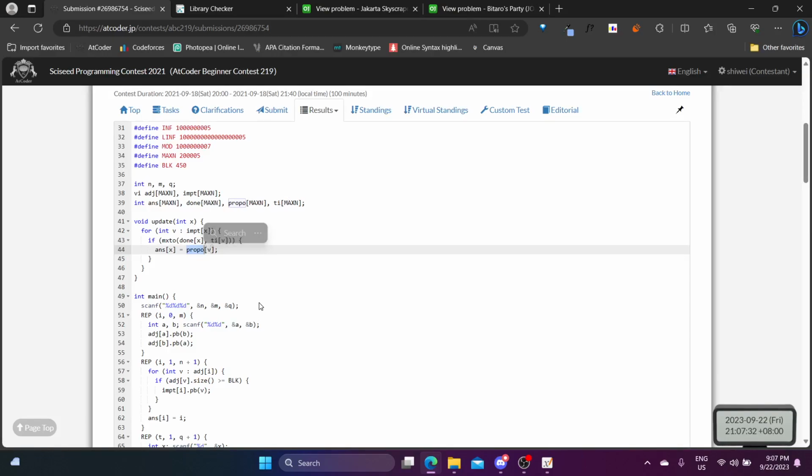And then impt stands for important, which is all the vertices with size more than or equal to square root.